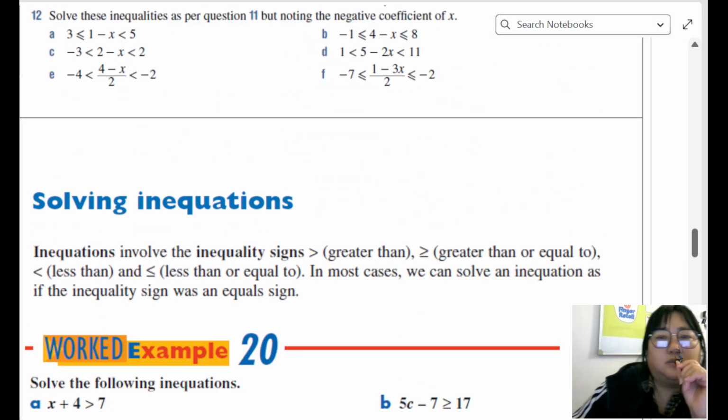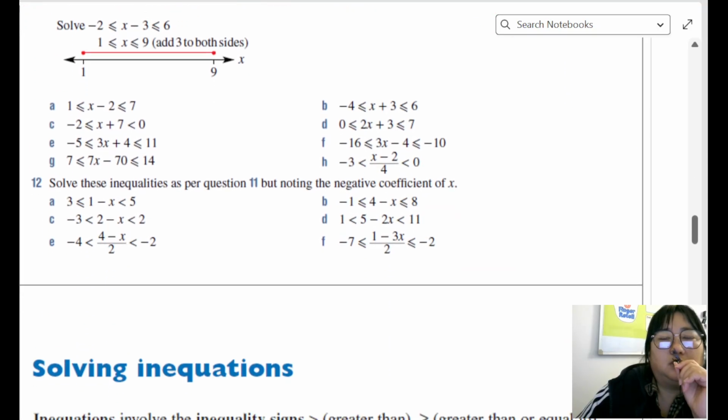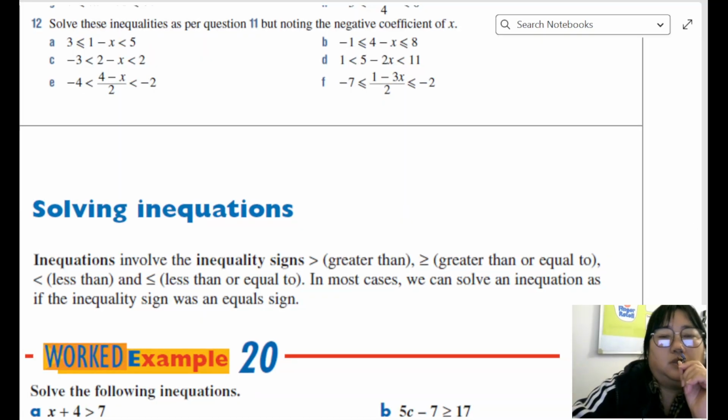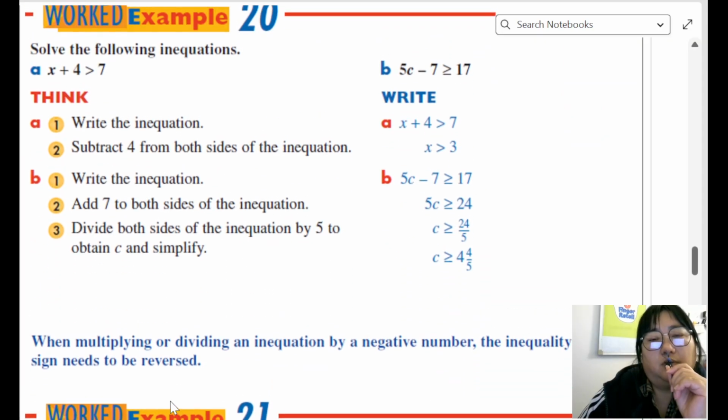Here, I think this will be a very important word you need to highlight, so we just highlight this one. They have the inequality sign, less than, greater than or equal to, so less than or equal to. And we also have this kind of question where we need to solve for what the x value will be.